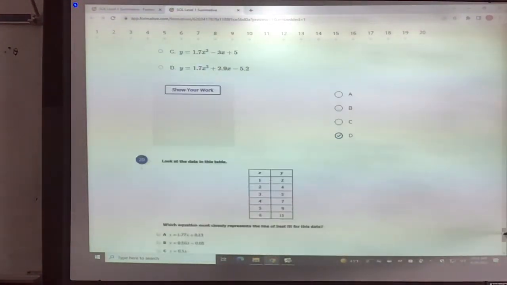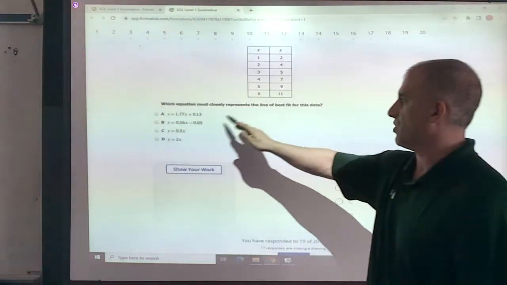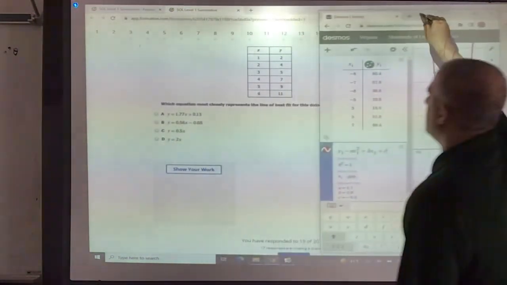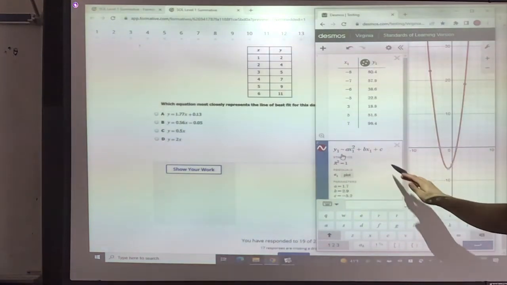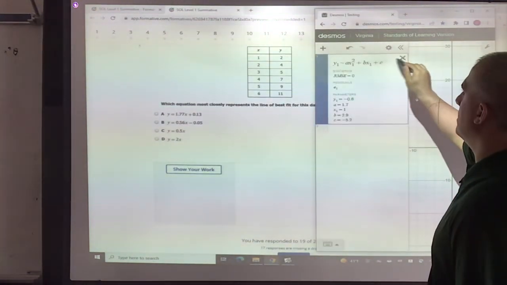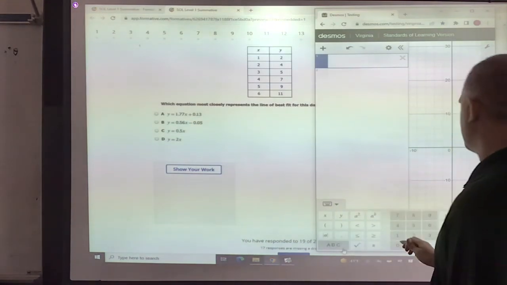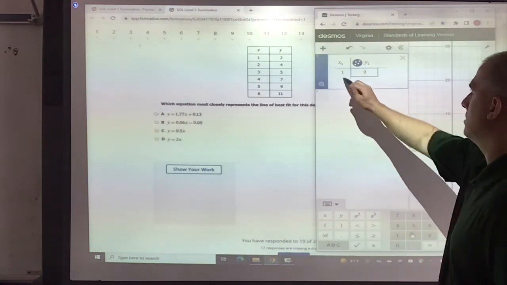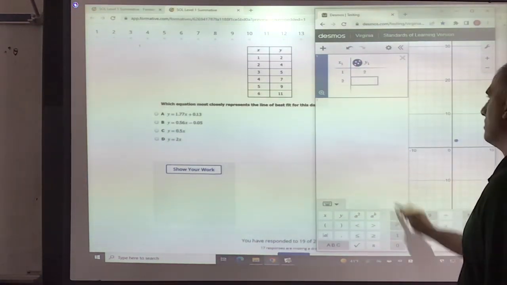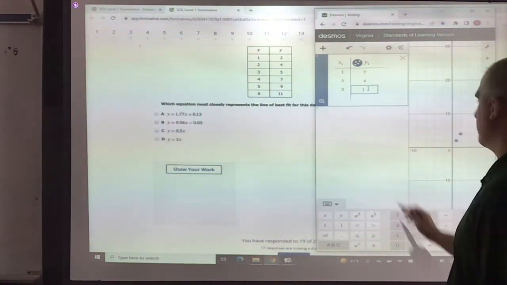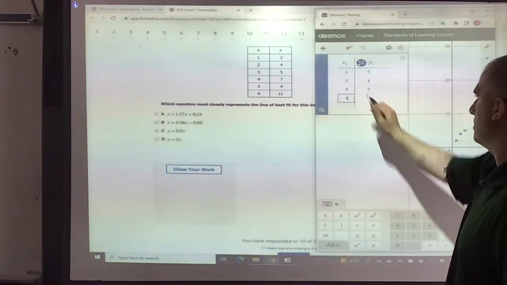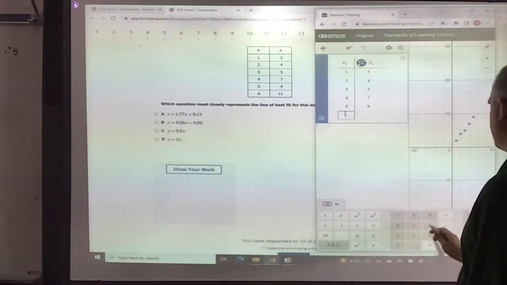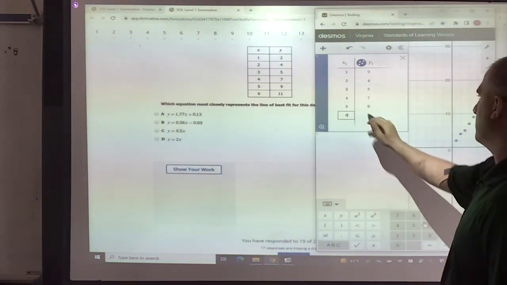This one is the line of best fit. And also I can look at what they've written there. So same concept, a little bit different equations. So you got to know those equations. So I make my table. 1, 2, 2, 4, 3, 5, 4, 7, 5, 9, 6, 11.